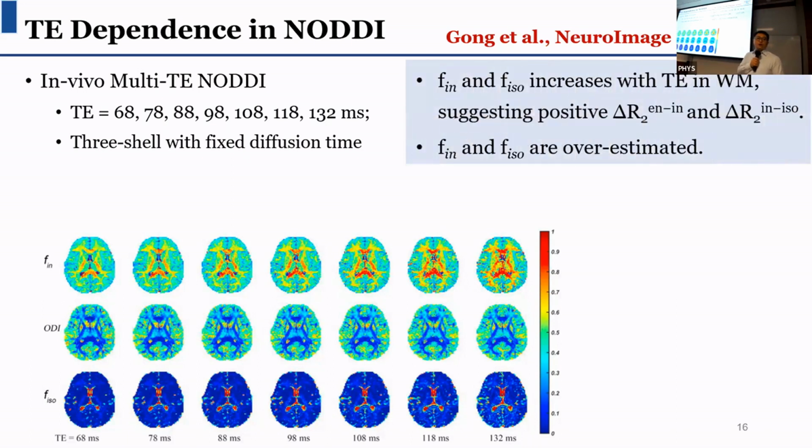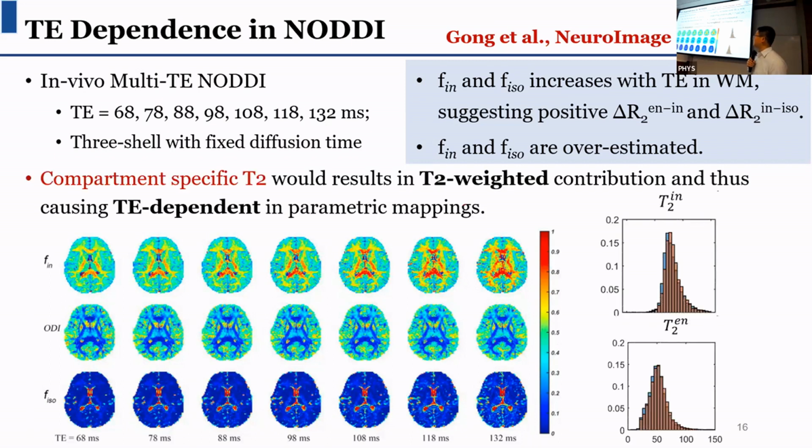So the intra fraction and the isotropic fraction increase with T in white matter, but you cannot see too much in the gray matter, as you see here, at the outside of the brain. There's a difference in the T2 value, and no matter the T value you used, the intra and isotropic water fractions are actually overestimated.